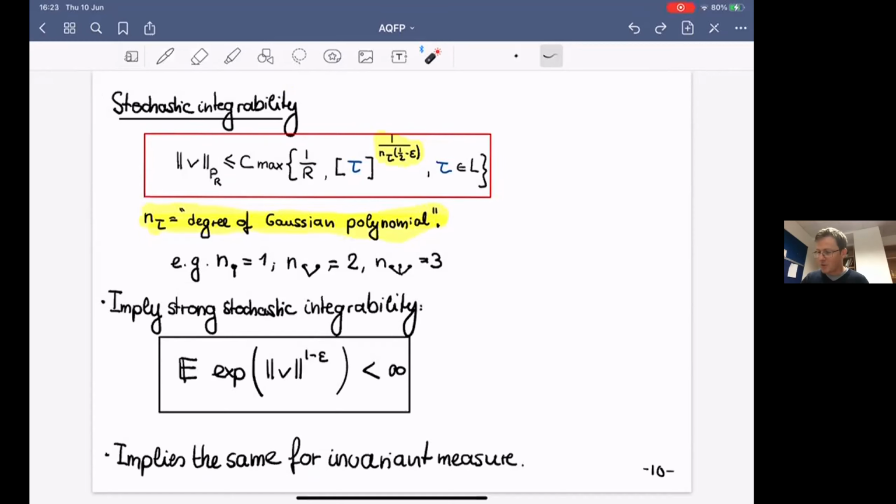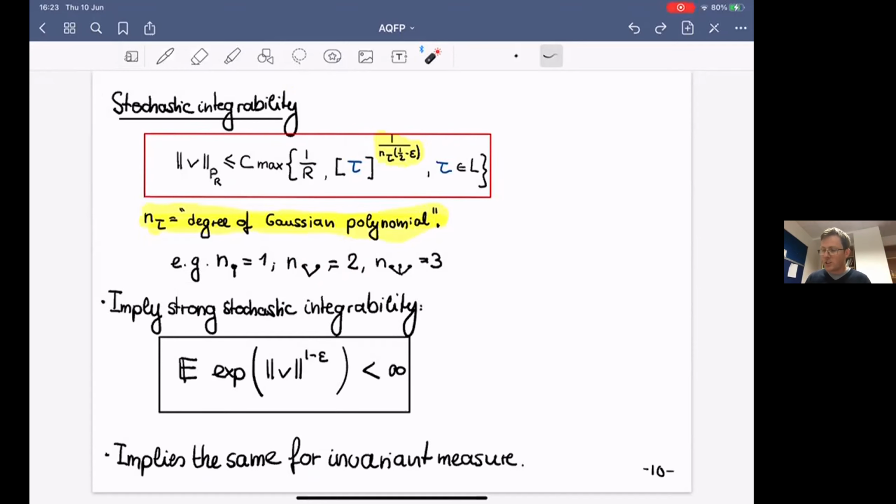So for example, in this case where you have a square of the solution of the linear equation, this number would just be 2. All of these terms are now polynomials in the Gaussian, and in the estimate they appear with 1 over the degree, the homogeneity in the Gaussian noise.